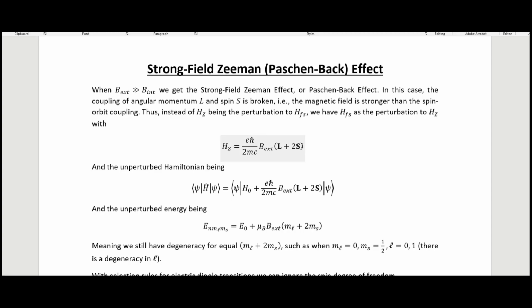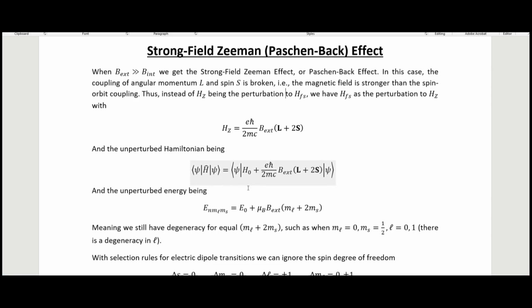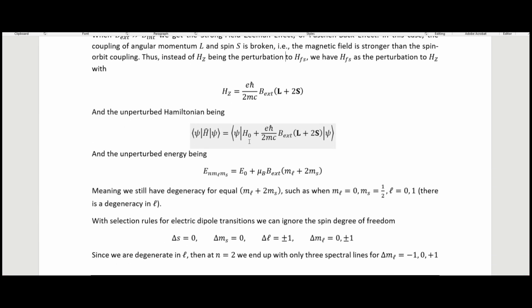And so we have this same thing from above, but now we still have this L plus 2S, with the unperturbed Hamiltonian being this, H sub naught, which is our actual unperturbed. But then we're saying that this is the quote-unquote unperturbed, adding the Zeeman effect here. So this is our quote-unquote unperturbed energy right here.